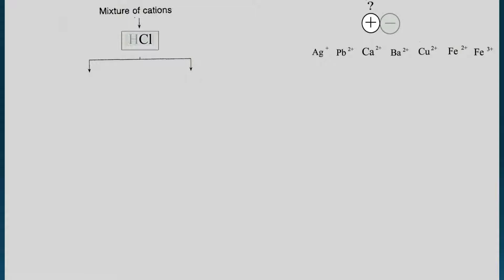If something precipitates, what does that mean? AgCl and PbCl2 both form white precipitates. The others won't. So if it precipitates, you need to see whether it is AgCl or PbCl2.